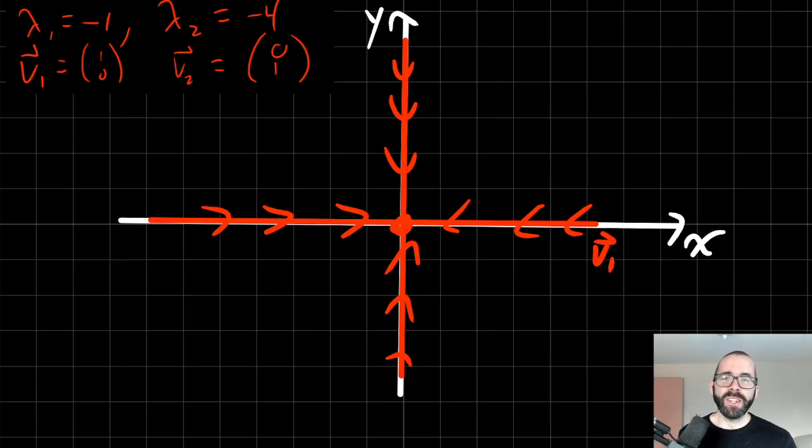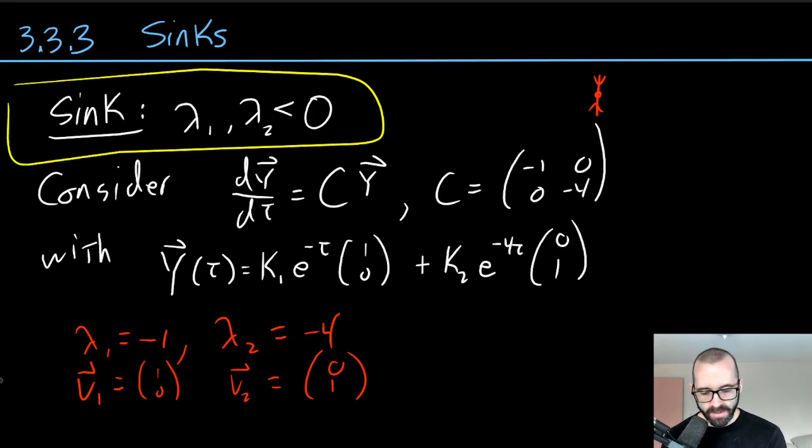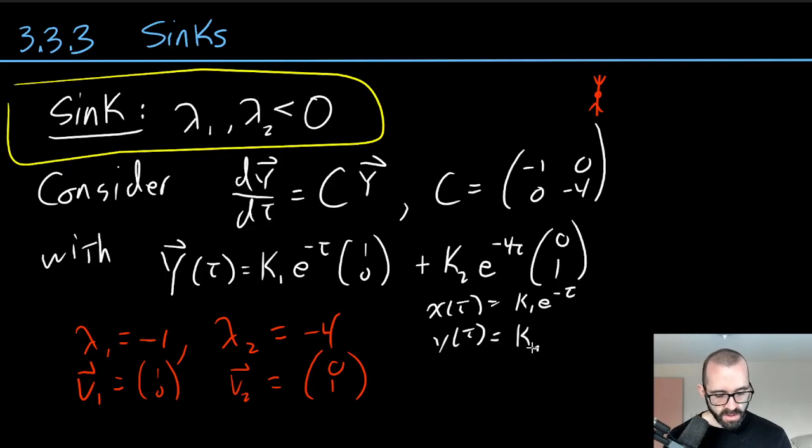In fact, why don't we do it right now? What's the relationship between our x component and our y component here? Right? What is x of t? x of t is the x coordinate. That is just k1 e to the negative t. What is our y coordinate? That's just k2 e to the negative 4t.